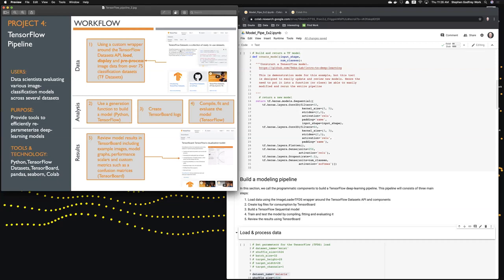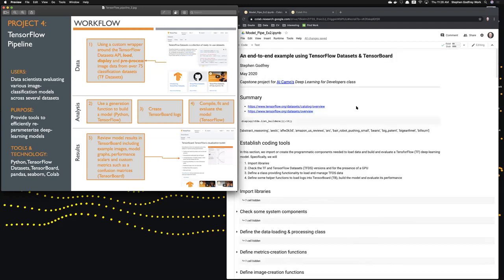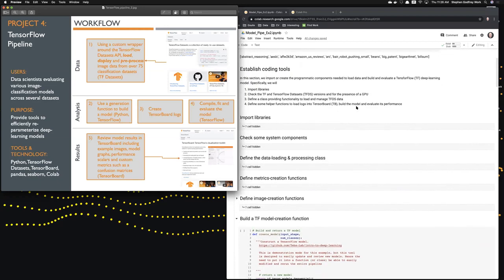I put quite a bit of work into building a wrapper that sits around this API to be able to handle different data sets. I am going to probably write a blog post about this and make this notebook available on Colab, perhaps GitHub, so folks can take a look. But I'm not going to spend time here going into the wrapper that I wrote to handle that data because I want to spend more of the time on this TensorBoard.